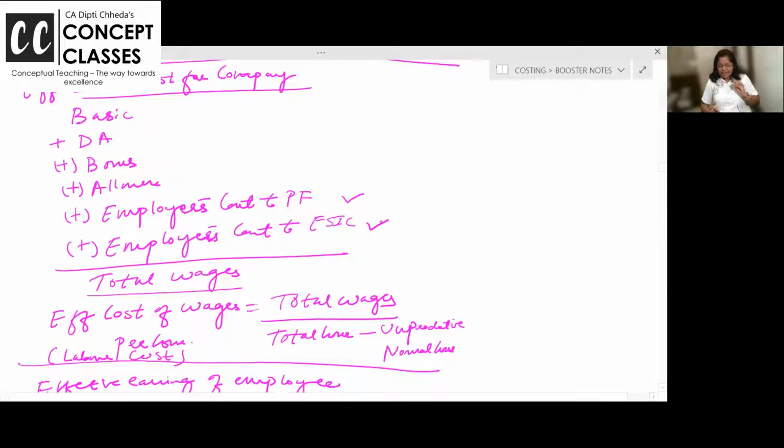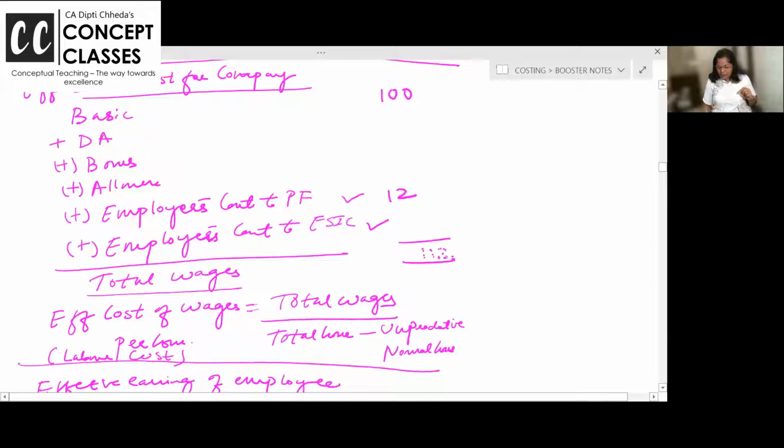Let me take 2 minutes and explain this. PF is provident fund. If I am paying you 100 rupees salary, I will pay 12 rupees extra to you in PF, but that will not come in your hand. This PF will directly be deposited in your provident fund account as employer's contribution. So if someone asks me, what is my cost for employee?